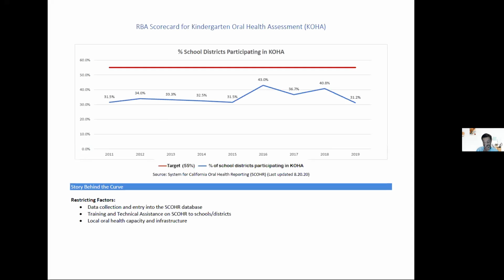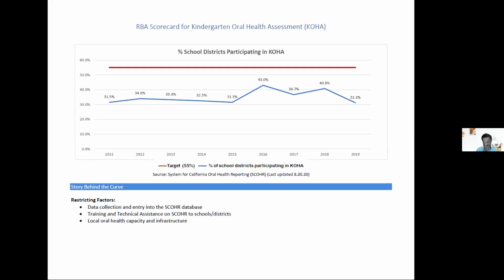It creates a data community where if we're all sharing in this framework and we're all using this tool, then we can all use this together and have simultaneous viewing and continuous collaboration. And so as I alluded to earlier, we look at the story behind the curve. And when we're looking at the story behind the curve, we're looking at restricting and contributing factors. What's restricting us from achieving the goal, and what's inhibiting us.